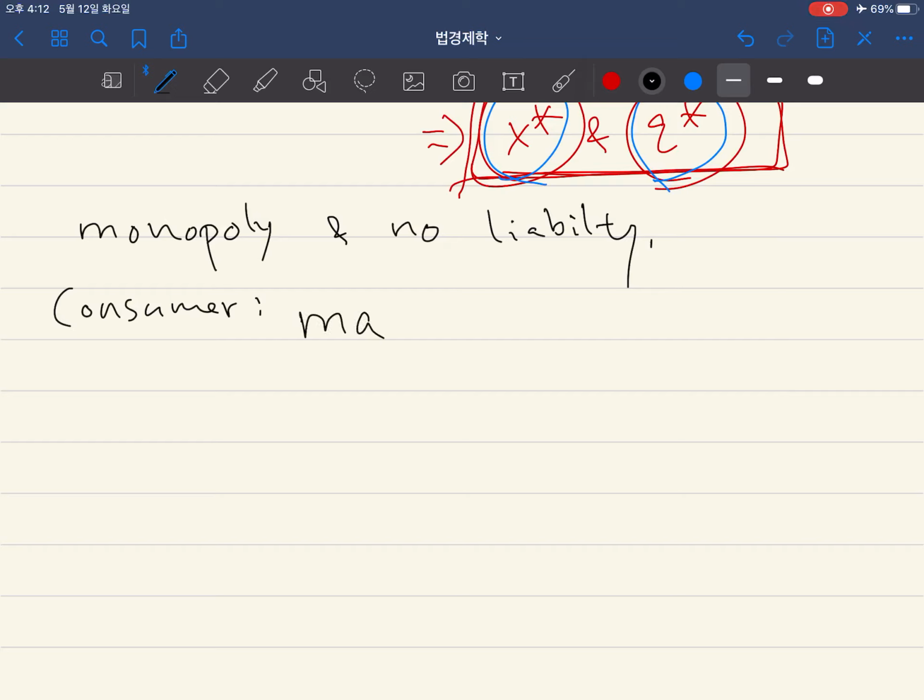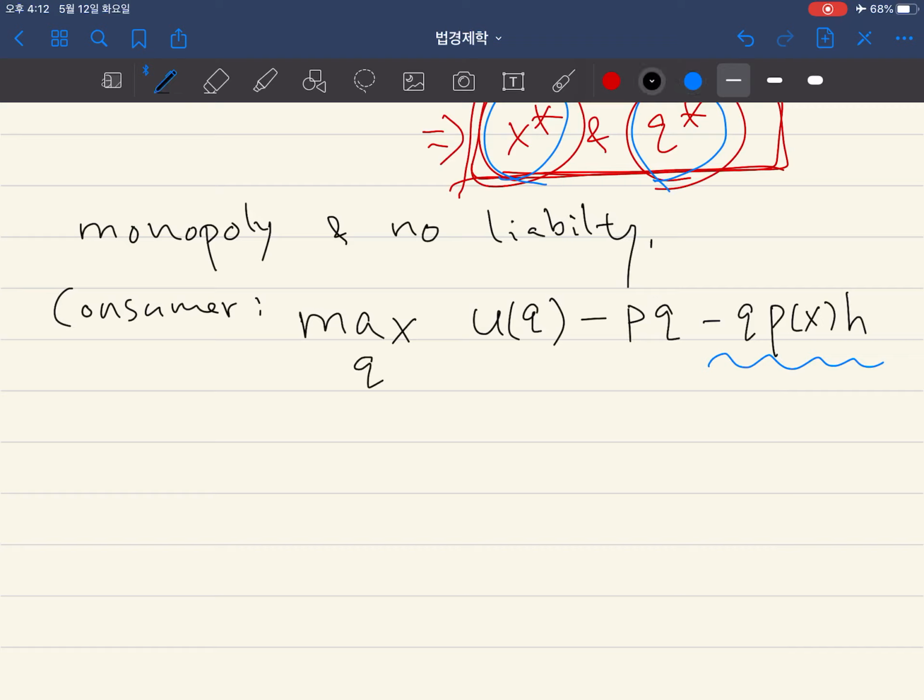So consumer wants to maximize their payoff, and consumer's payoff is they obtain utility, and this is expenditure, and for each unit there is accident, and in that case they have to pay H. Because of no liability, we have this term in consumer's problem.